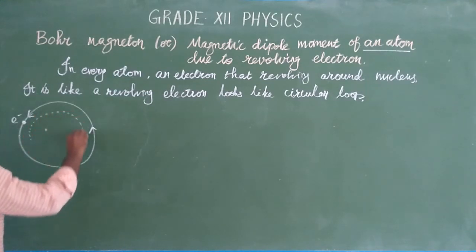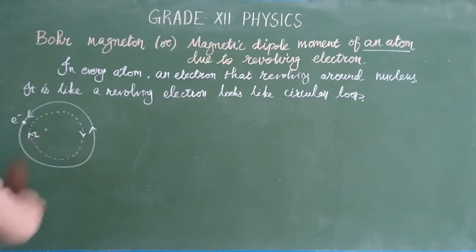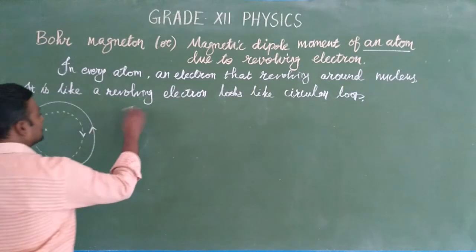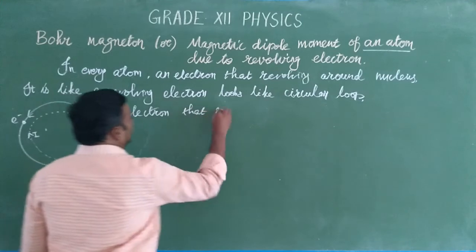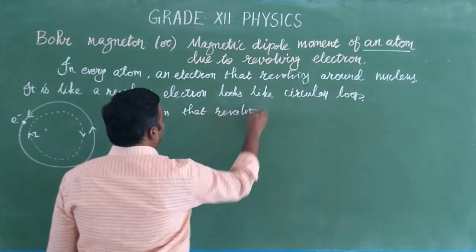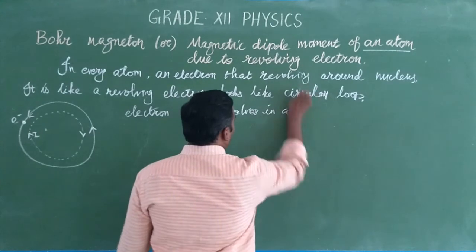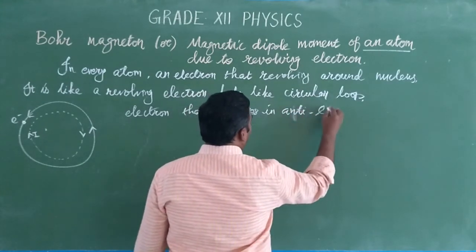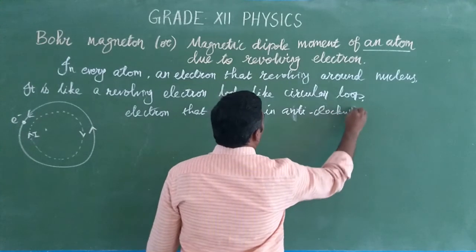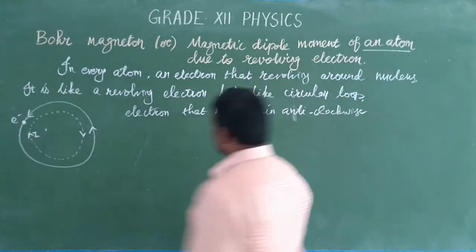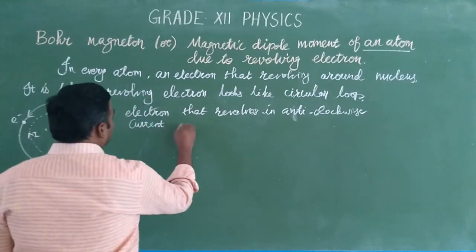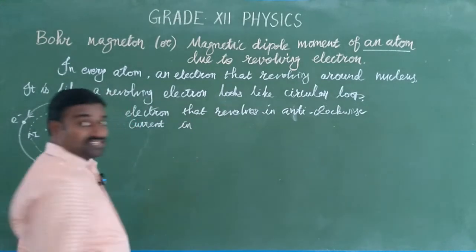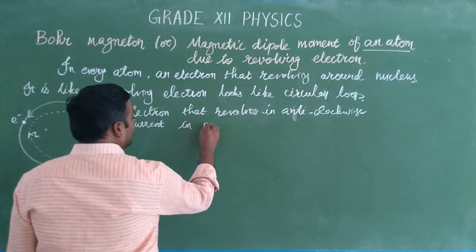The direction of the current produced is always opposite to the direction of the electron. Here I is the direction of the current. What is the direction of the current? The current in this loop is in the opposite direction, that is clockwise.